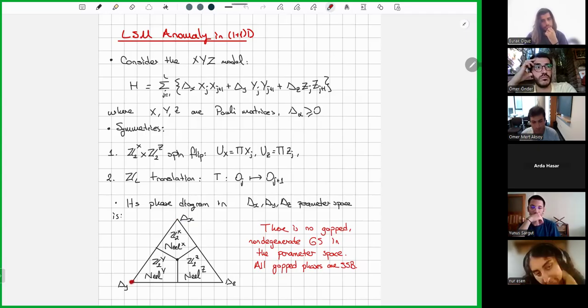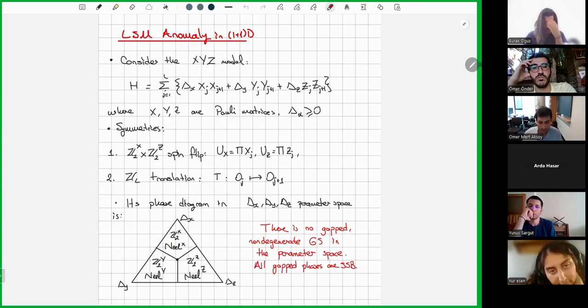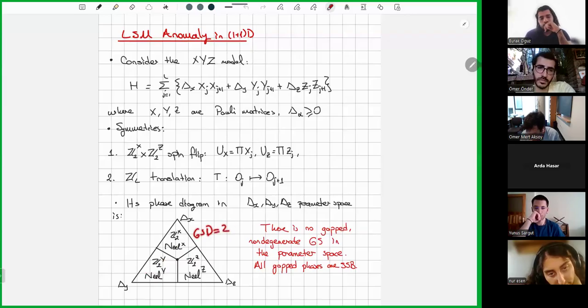And similarly, this point represents delta y non-zero and the other two being 0. In such a parameter space, one notices that there are three gapped phases. Whenever one of the deltas is larger than the others, it dominates when it is sufficiently large, and then it opens a gap, and there's a twofold ground state degeneracy in each of these phases.